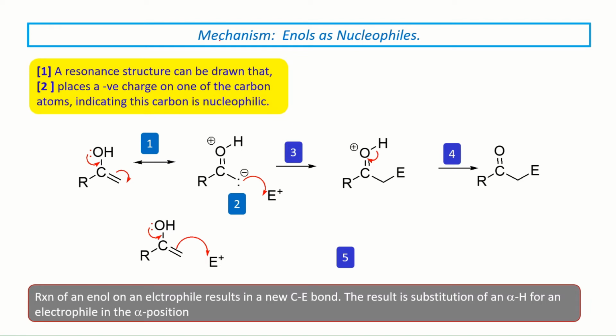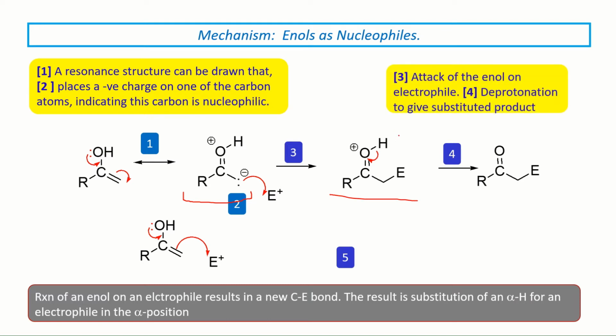Herein, you can see that enol acting as a nucleophile. You can see the negative charge on here from this resonance structure attacking the electrophile, and so you end up with a species where we can deprotonate our proton to give us a substituted product.